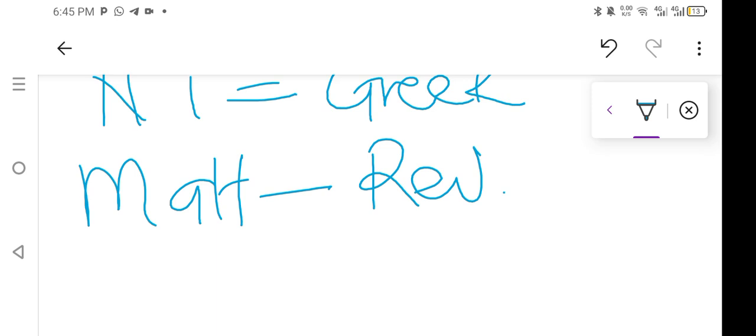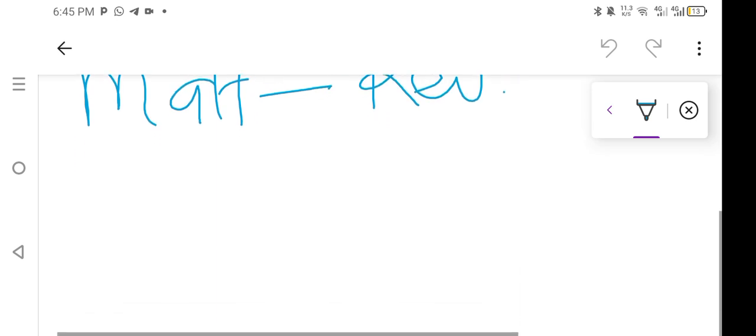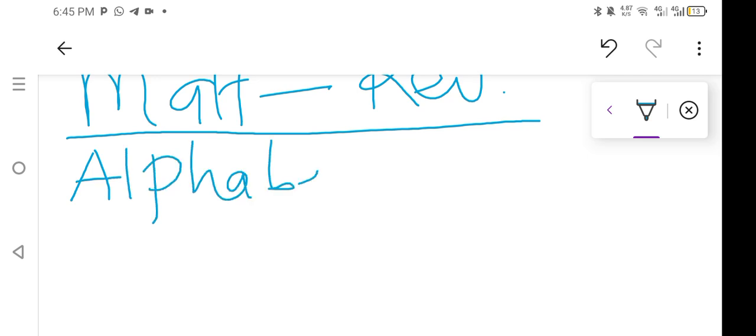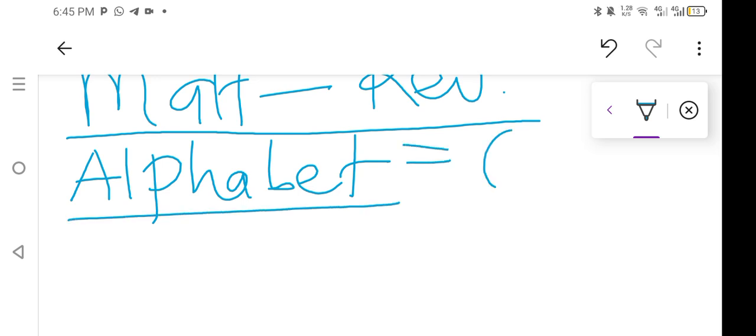And as we look at it closely, we'll also discover that there are other letters that are actually repeated, and it's not the same in English. Like I said, in every language, understanding the alphabet becomes very important. And so we will get into the alphabet of the Greek language.